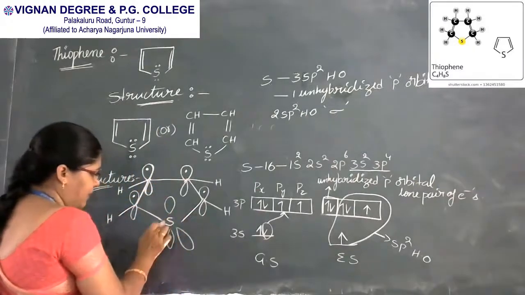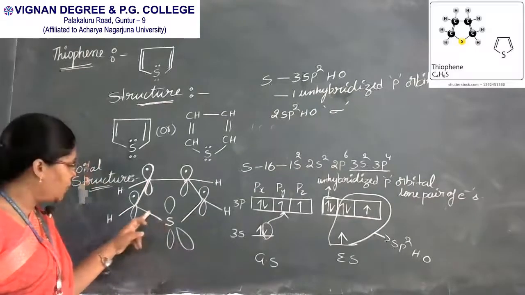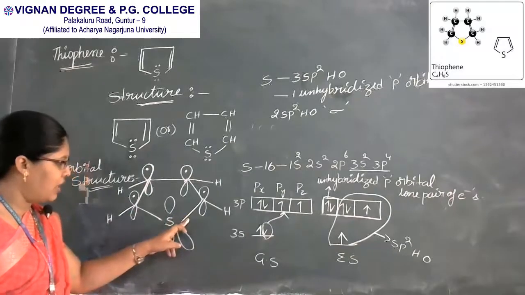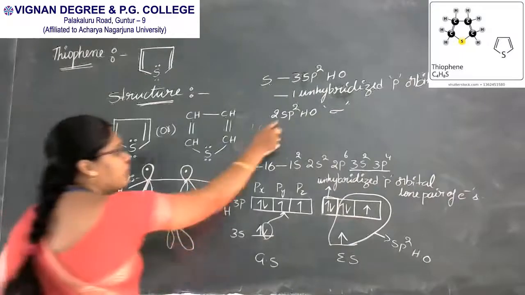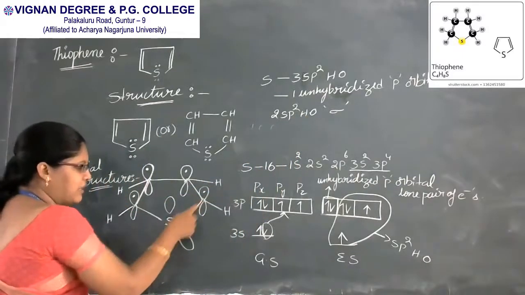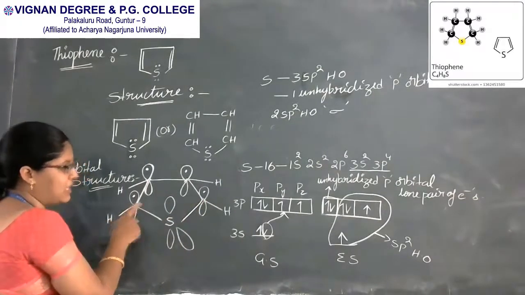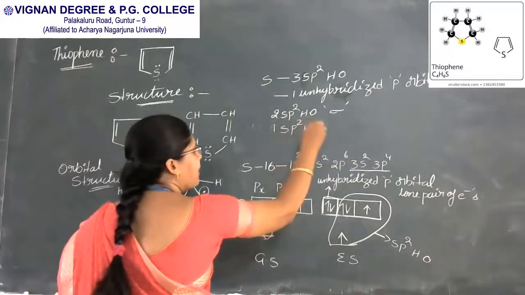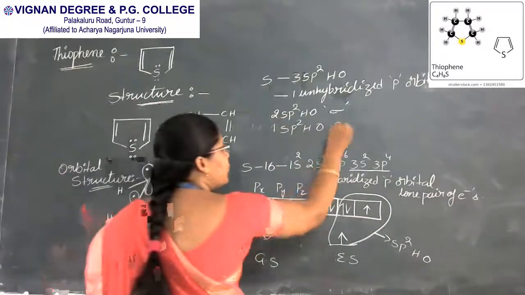You can see in this structure that the sulfur atom forms two sigma bonds, one with each adjacent carbon atom. The other sp2 hybrid orbital of the sulfur atom has 2 electrons.